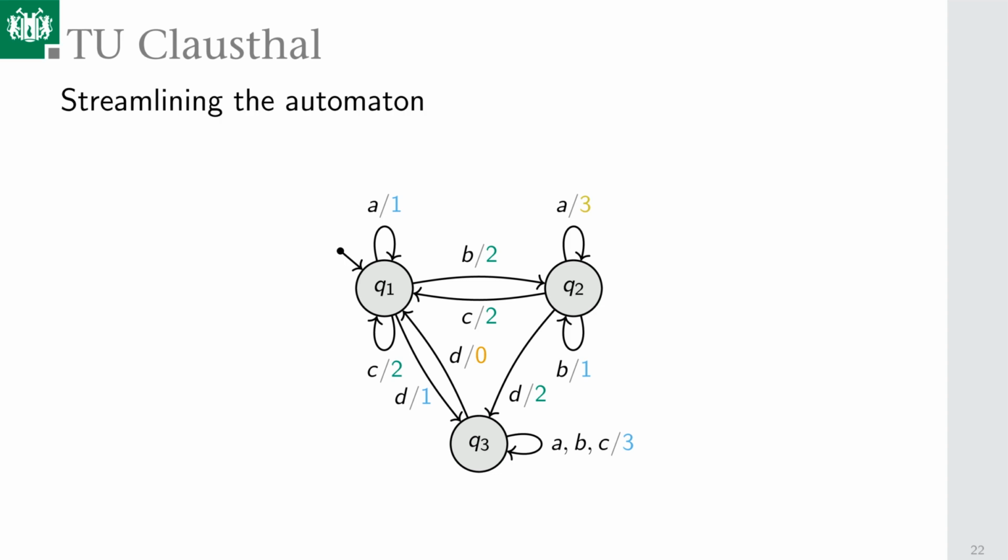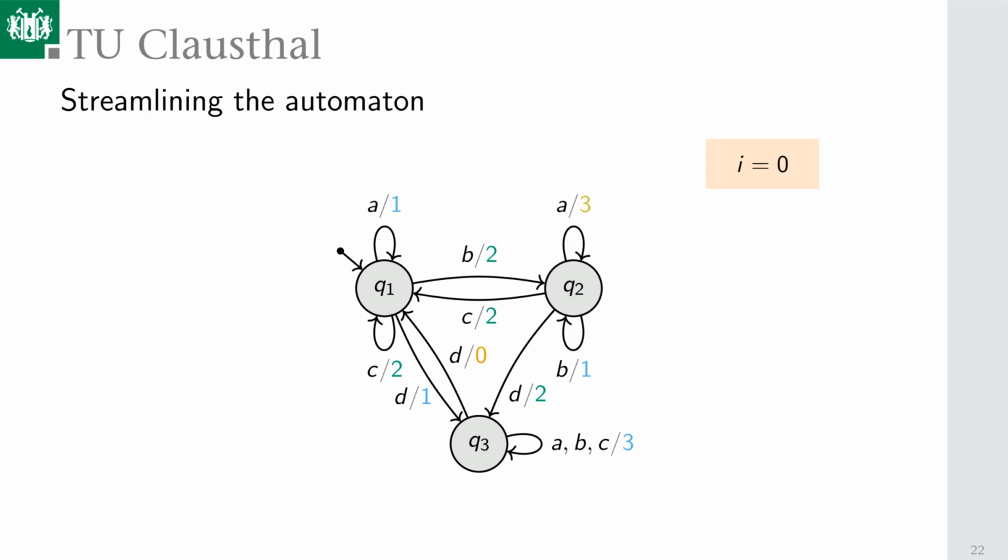Let us now come to the second step of the construction, namely streamlining the automaton. The idea here is to change the colors of the transitions to values that are as low as possible. We show how this is done. The construction works by iterating through the colors, for which we use the symbol i henceforth. In every iteration, the algorithm checks if the color of a transition can be lowered to i, starting from i equals 0.